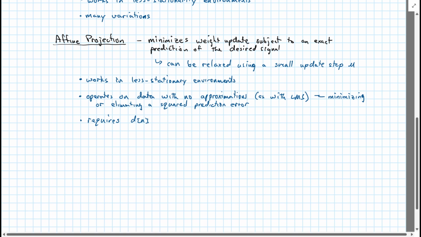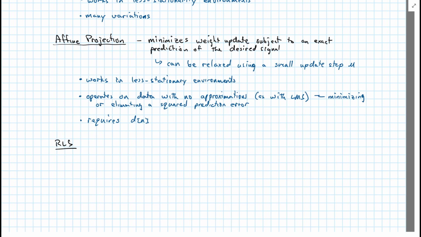Now we can talk about the RLS algorithm. The RLS algorithm, like the affine projection algorithm, does not operate on expectations. Rather, it minimizes the squared error.